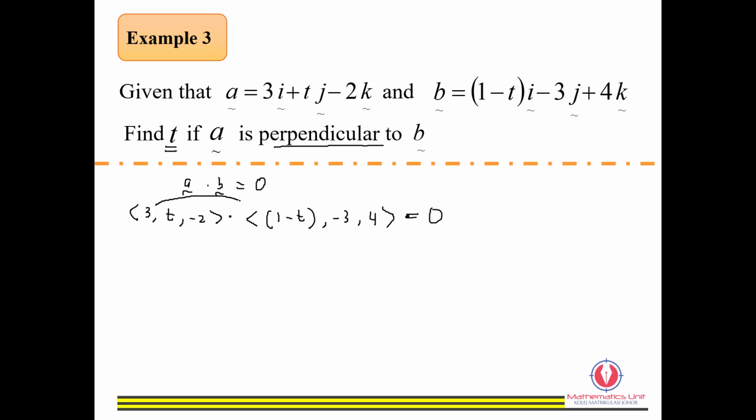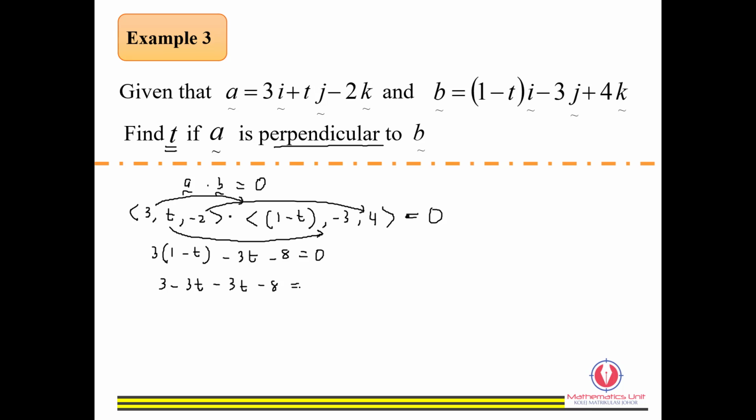So we expand these two vectors. Okay, so 3 times (1 minus t), and then t times negative 3, so you will get negative 3t, and then negative 2 times 4, so you will get minus 8, equals 0. As we expand this equation, this is 3 minus 3t minus 3t minus 8 equal to 0.